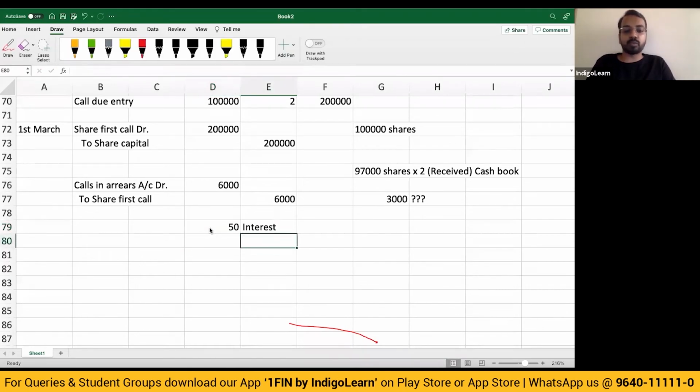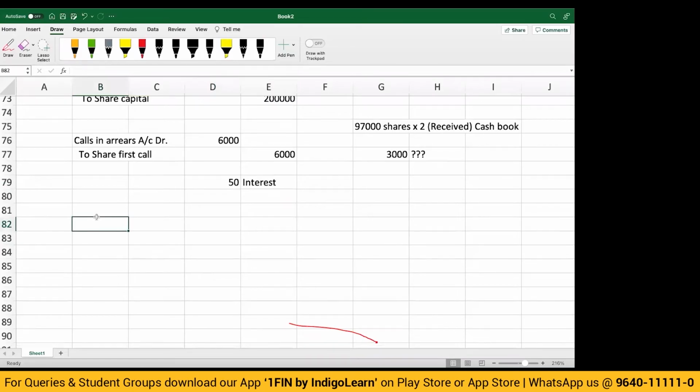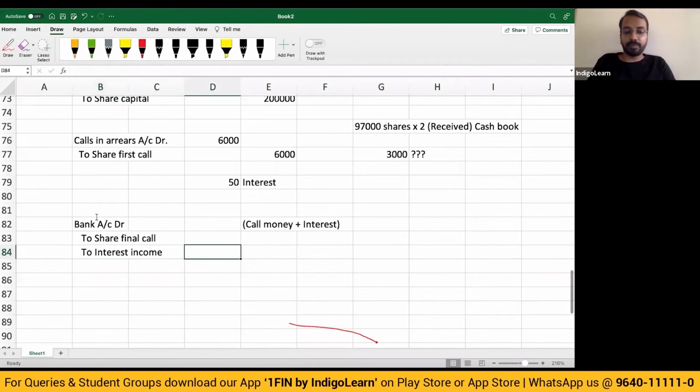This is interest. So this person, when he pays the money, which money? Second call money. So you will have bank account debit. Here you will get call money plus interest to share final call, to interest income, which is 50.